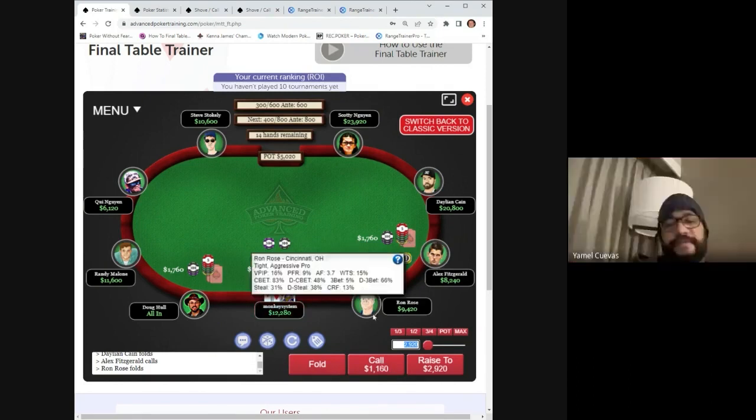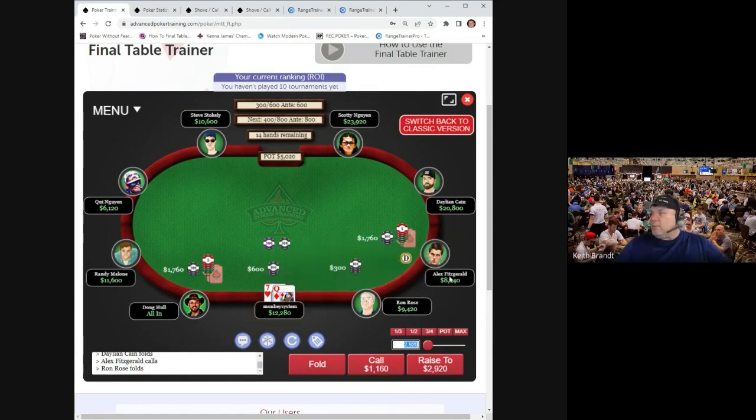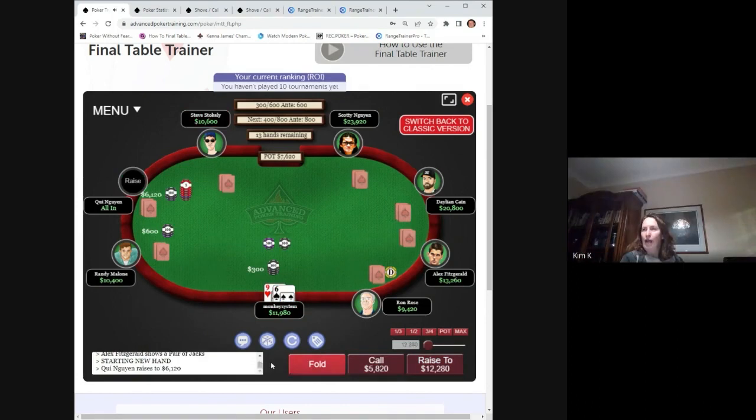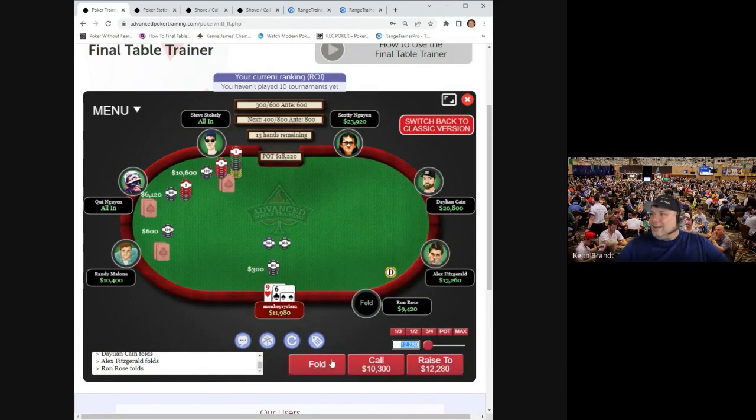He folded. I think we can fold, because we're still going to have to play post flop against him out of position with a bad hand. This is where I'm glad he called, because now we can fold, whereas we couldn't fold before.